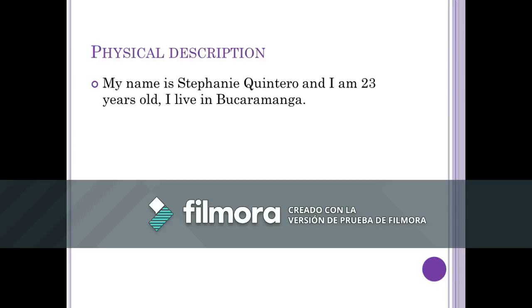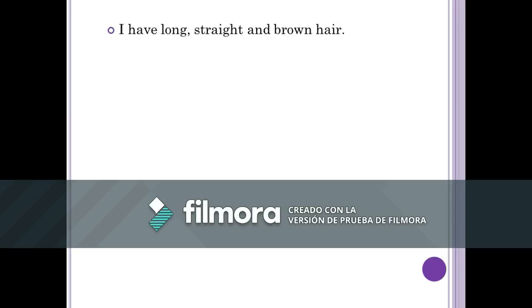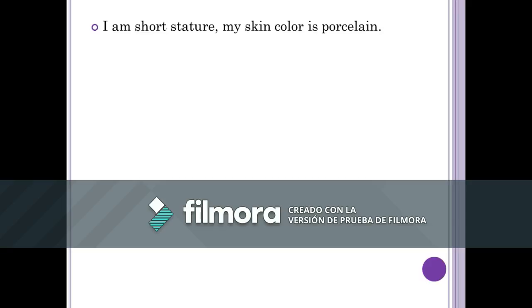My physical description. My name is Julia Estefania Quintero Reyes. I am 23 years old. I live in Bucaramanga. I have long, straight and brown hair. I am short in stature.